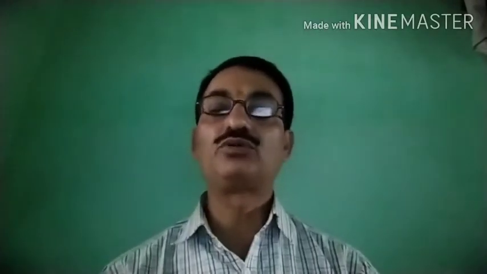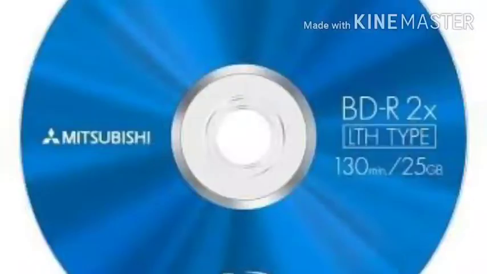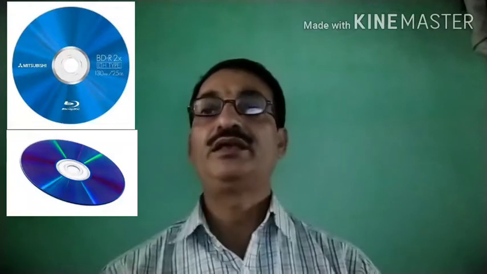Third type of optical storage disk is Blu-ray disk, and this is the popular and the latest optical disk type to store a large amount of high definition video, and its storage capacity varies between 25 GB to 50 GB.